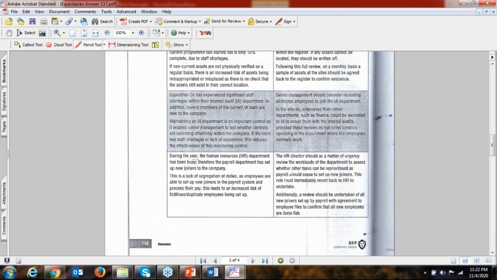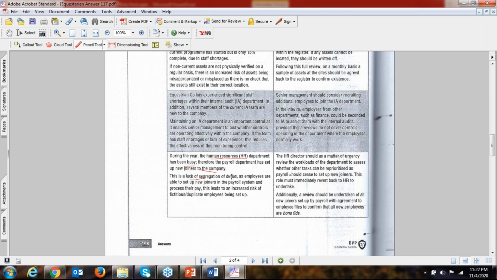So here, during the year, the human resource department has been busy. Therefore, the payroll department has set up new joiners to the company. This is a lack of segregation of duties. This is a sentence copied and pasted from the question. If the examiner is doing this, then why are you not interested in doing this? Just copy and paste it.